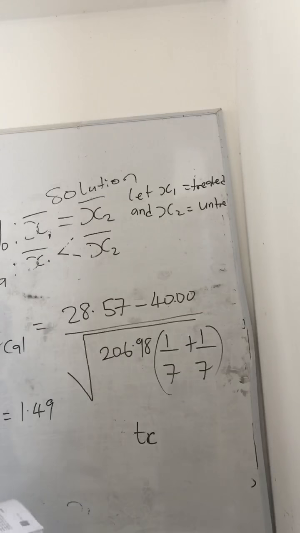Good. So now how do we get our critical value? The critical value is computed from the statistical t table, which I have right here, and I'll show you how to compute that.